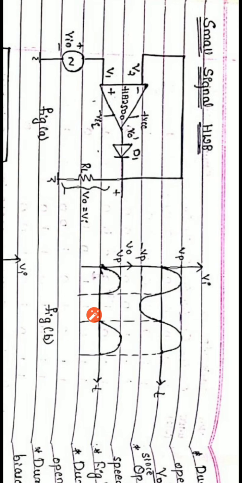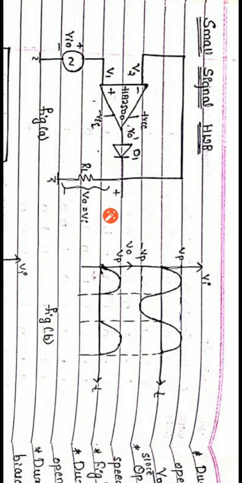Similarly, during the negative cycle of Vin, the output of the op-amp is negative, amplified, but the diode is reverse biased during the negative output. At that time the voltage V2, that is the inverting terminal, is 0.